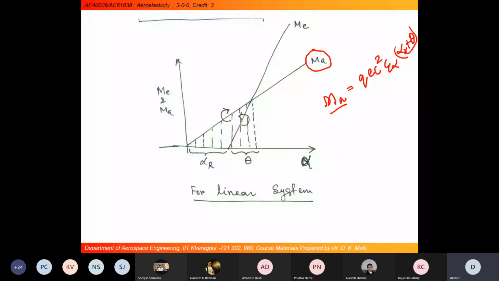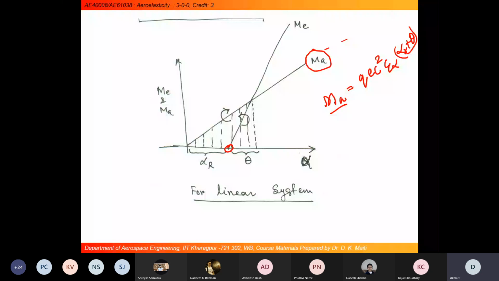In the other case, the elastic restoring force will be starting from here, because we have initially given an alpha r. For that alpha r there is no elastic restoring force, because it is a kind of rigid body displacement. That is, through our control mechanism we are introducing this alpha r, and then the elastic restoring force will start developing linearly. Again, whatever we have considered, k theta into theta, that is the linearly varying elastic restoring force.